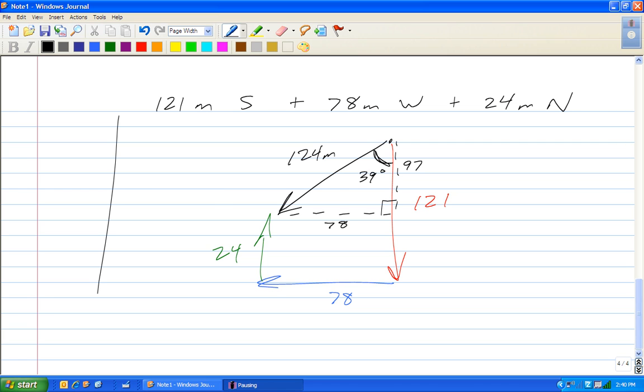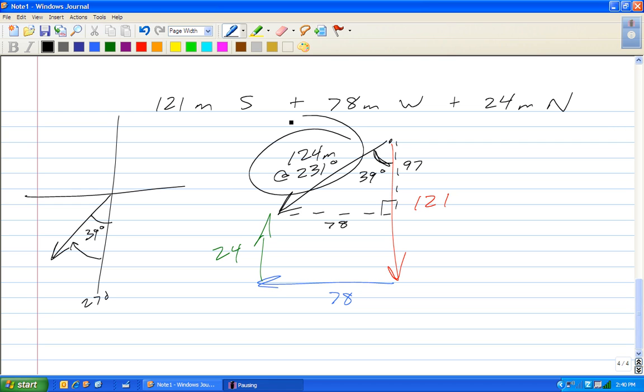So, it's in the third quadrant again. I know this angle is 39, so I go to 270 and come back 39. I get a direction of 231 degrees. So my final answer is 124 meters at 231 degrees. All right?